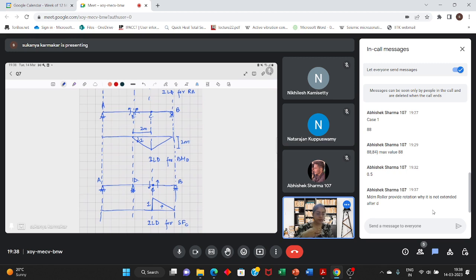Here, see, roller can provide rotation, but here at point D, in the left portion, you are rotating the beam in this direction, and in this direction, you are rotating the beam in this direction. If you rotate the beam in this direction, you have to maintain zero deformation at point A, and the beam has to remain linear. For statically determinate structures, influence line diagrams are linear.